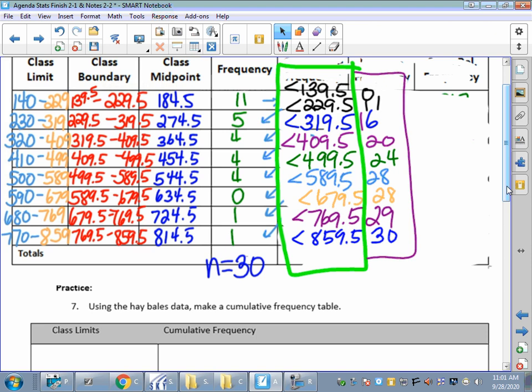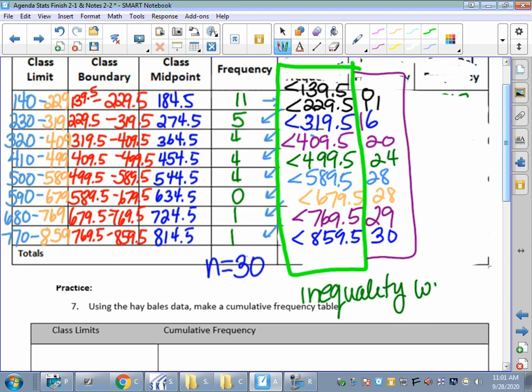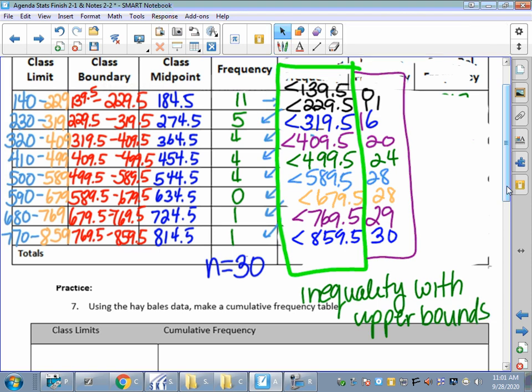Do I ask you a question at the bottom of the page? I ask you a couple things, don't I? I'll scooch down in just a second. So I'm going to put inequality with upper bounds. You'll start to recognize these terms.